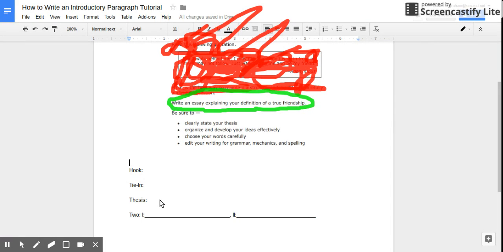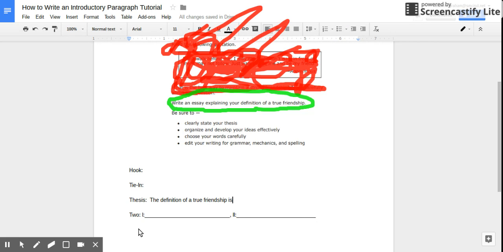Now here we're going to write a fragmented sentence because we're going to take what we've circled in green and begin to use that for a thesis. So the definition of a true friendship is, and we're going to leave the is blank.